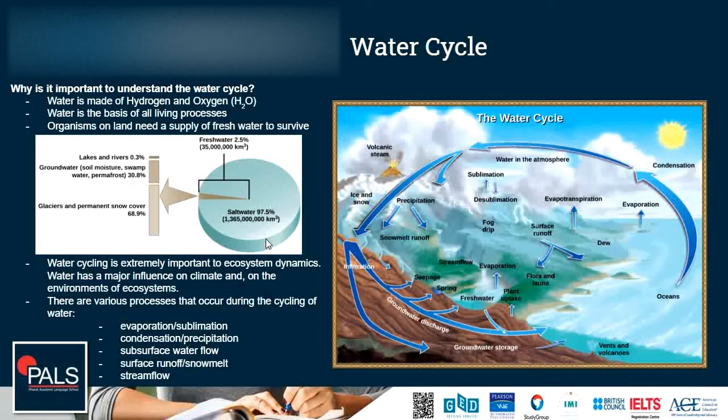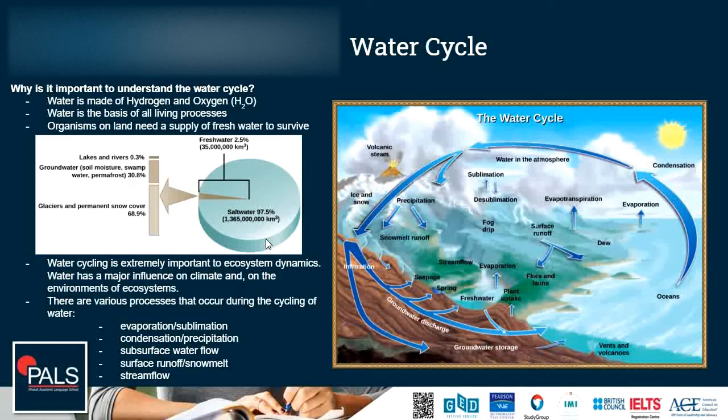Water has a major influence on climate and on the environments of ecosystems. We have our general types of ecosystems, which we might discuss in another presentation, the so-called biomes. An example of a biome would be a desert or a rainforest or a temperate forest.